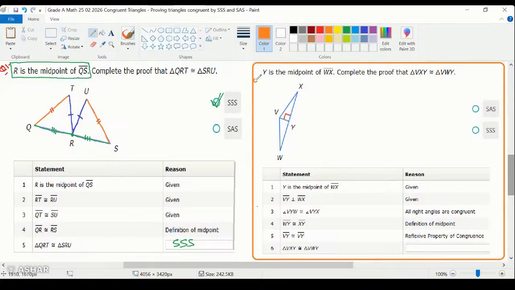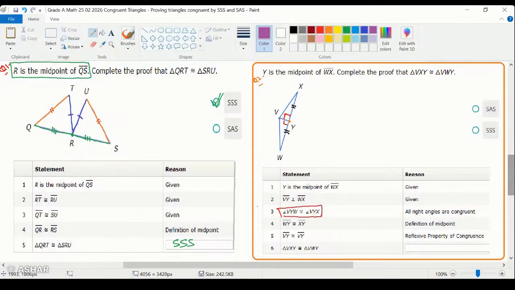They are saying Y is the midpoint. That means this length should be equal to this length. Agreed? They have a right angle over here. Okay, and they are saying this is also a right angle. Agree? So that means if an angle has been introduced, it cannot be side, side, side. Do we have a common side?